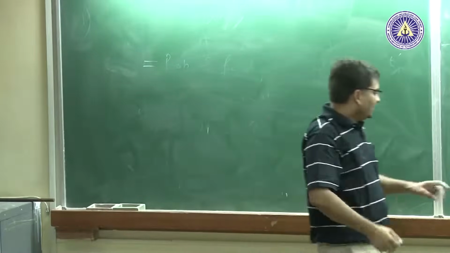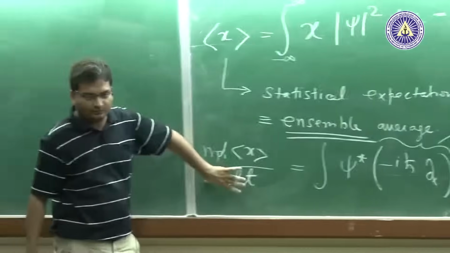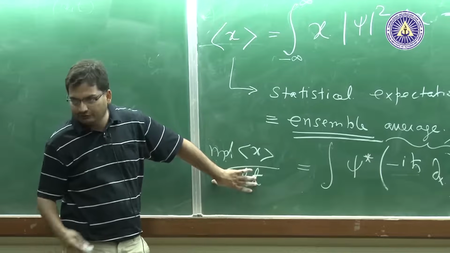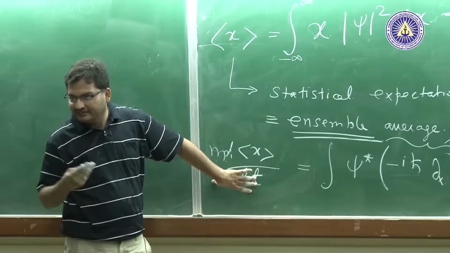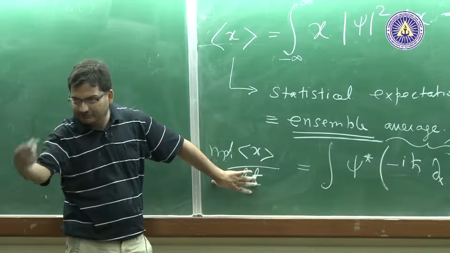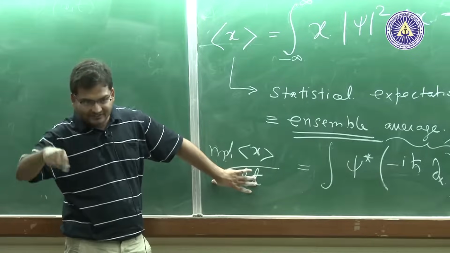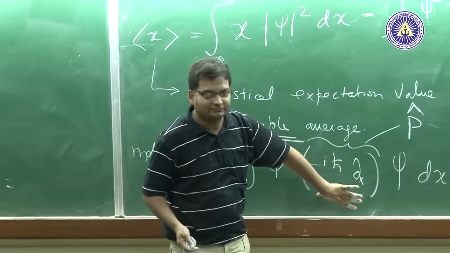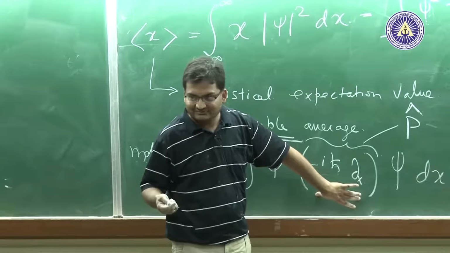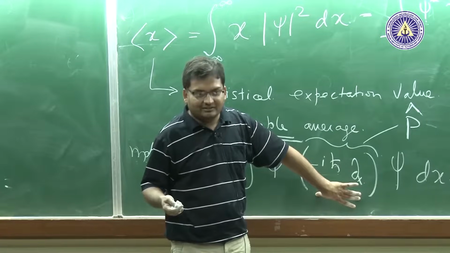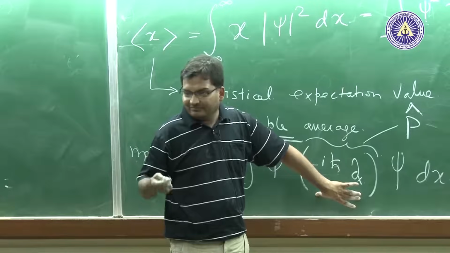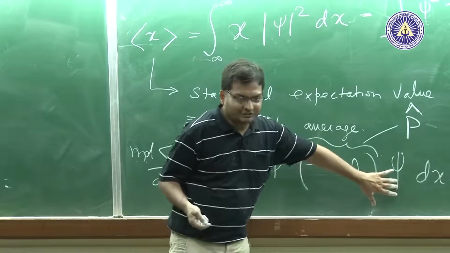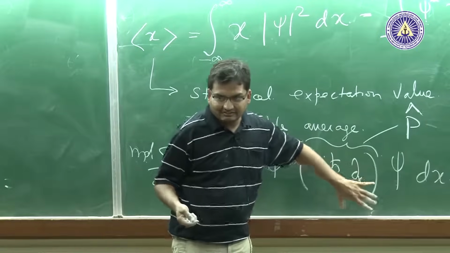I did nothing. I am just saying this is the expectation value of the momentum. Naively, I would think of the expectation value of the momentum as the probability distribution times the momentum variable, integrated. In this case, it turns out if I do this calculation, this is the momentum variable. Since it turns out to be a derivative which has to act on this wave function, let me call it an operator.